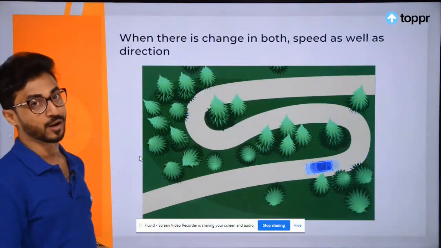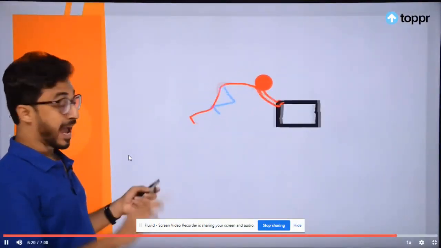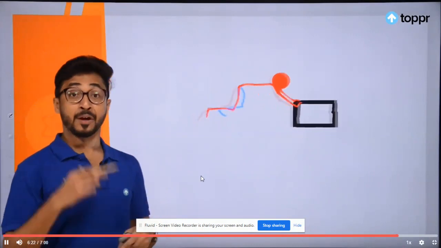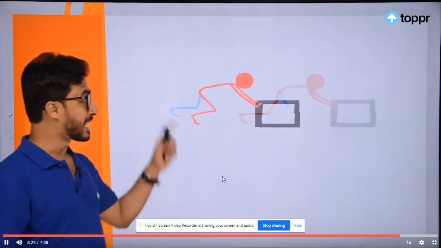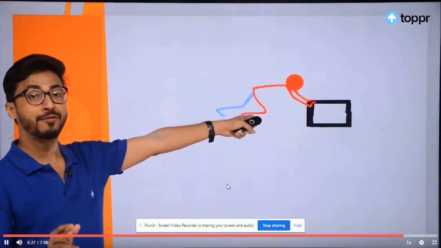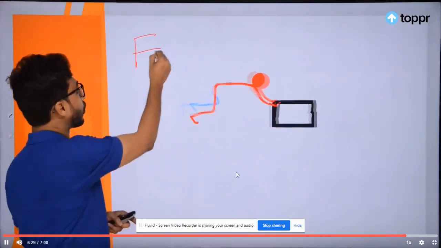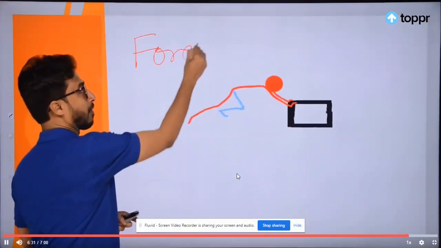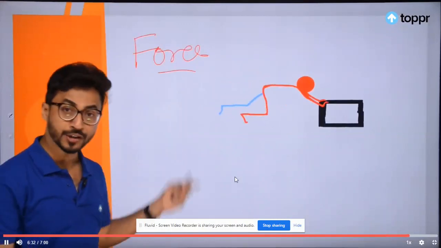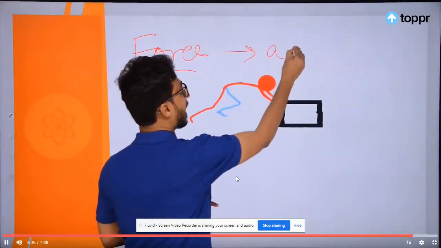That is change in velocity. And all these accelerations, this change is because of applying of force. So when we apply force, there is a change in acceleration.